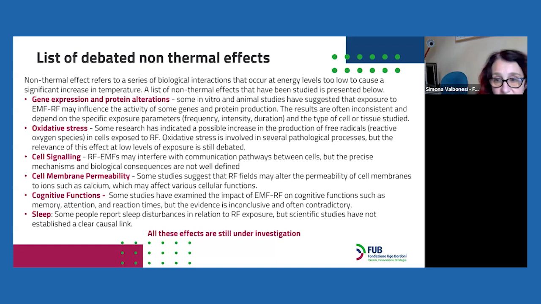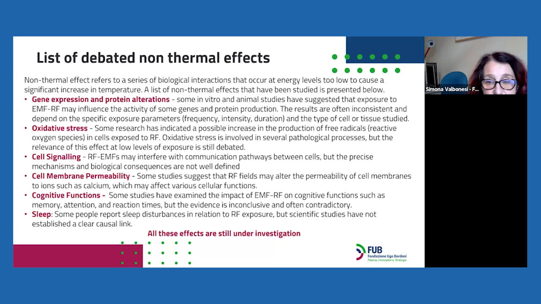The mechanism can be of electric nature and can involve action potentials transmitted along the axons, electrical signals leading to muscle contraction, electrical potentials mediated by sodium and calcium, and a lot of effects. But the mechanisms involved have not been defined in a clear way, and the biological consequences are also not well defined.